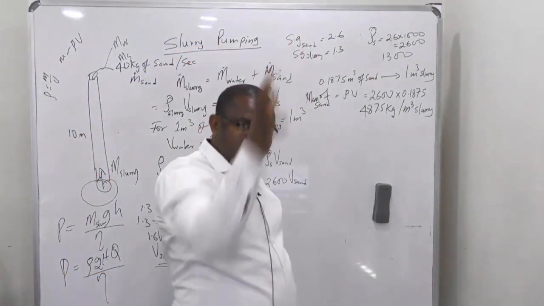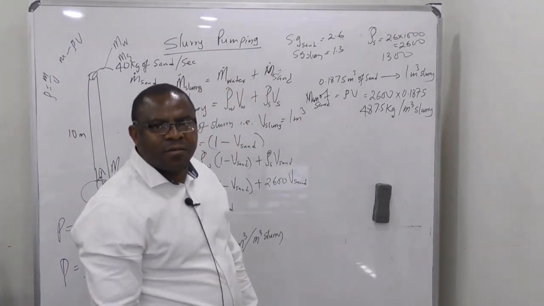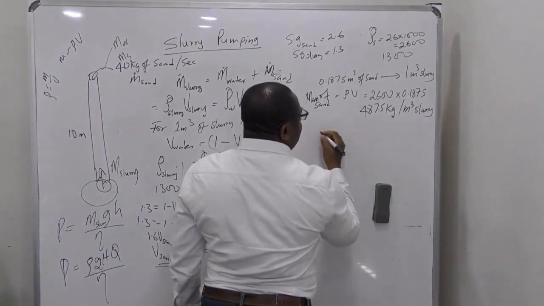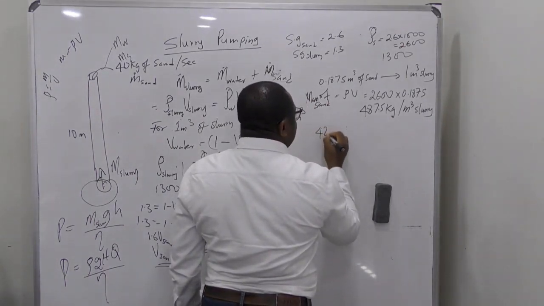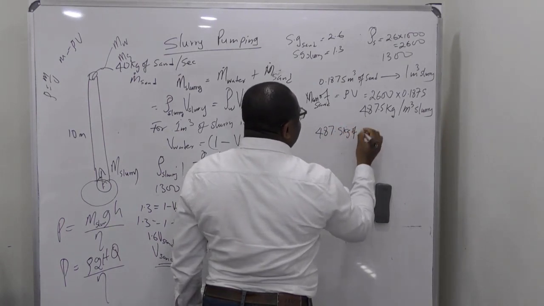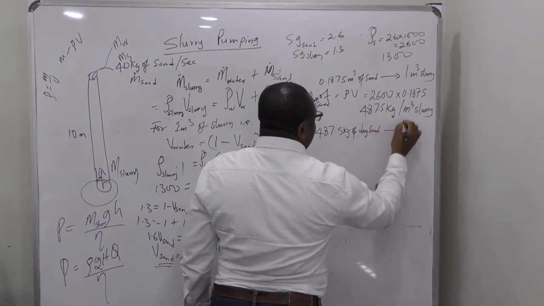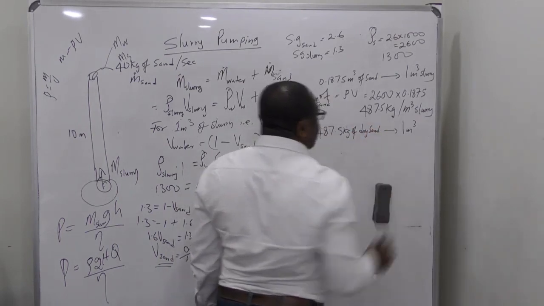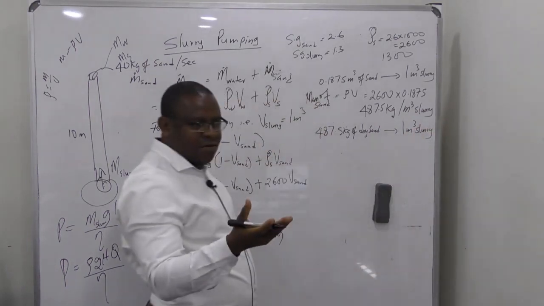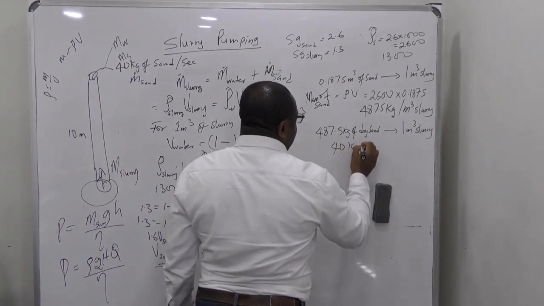For 1 meter cube, we can get 487.5 kilogram of dry sand, but in our case, we are pumping about 40 kilogram of dry sand.